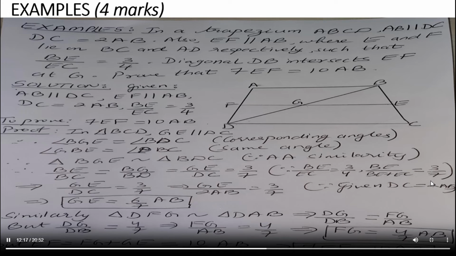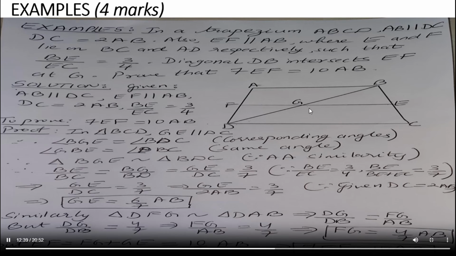Hence since BE upon BC is 3 by 7, we have GE upon DC is also equal to 3 by 7. But DC is 2AB, so GE upon 2AB is 3 by 7. Hence first thing we have seen is GE is equal to 6 by 7 AB.